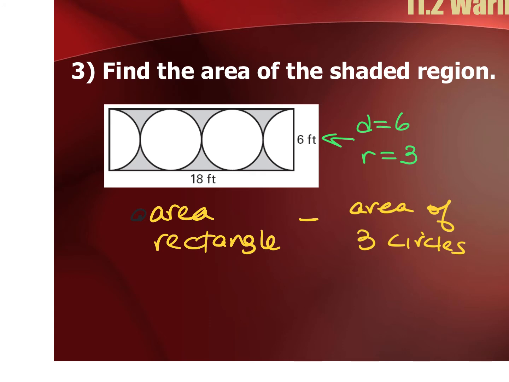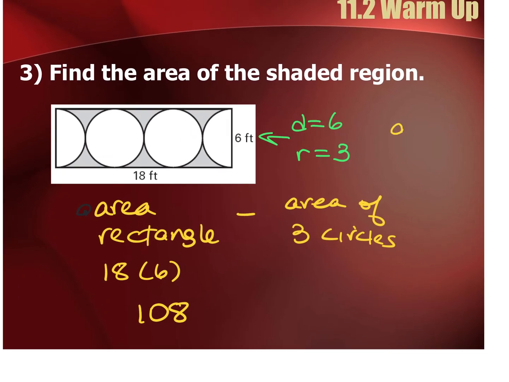Now, for the area of the rectangle, it's just length times width or base times height. So 18 times 6, and the area of the rectangle is 108. Now, for the area of one circle, it's going to be pi times radius squared. So it's 9 pi. That's one circle.